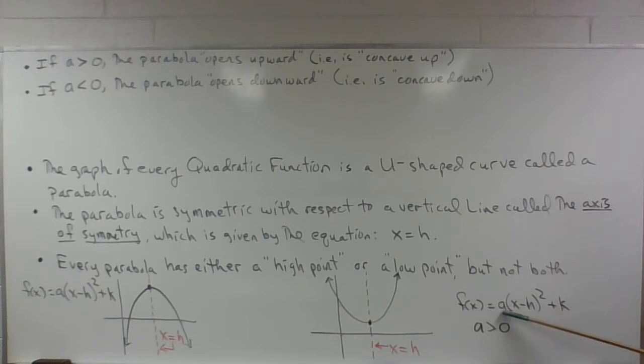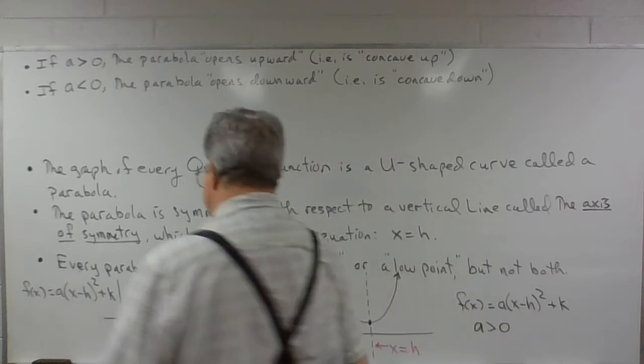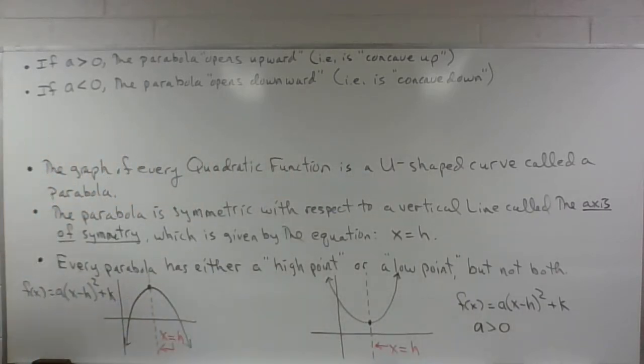The coefficient a is positive, and that makes this thing open up. Well, what causes this graph to open up in the opposite direction? That graph seems to open downward, and it's because a is negative. It's less than 0. Here, a is negative. The graph opens downward. We say that it's concave down.